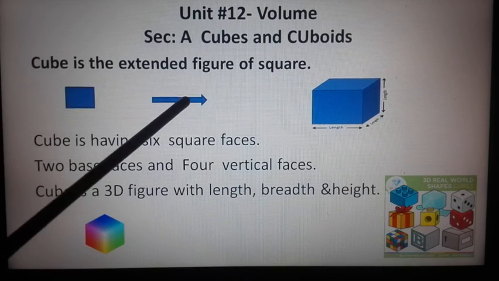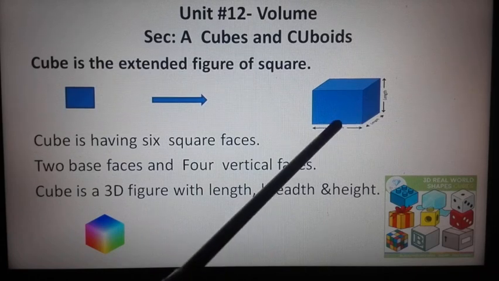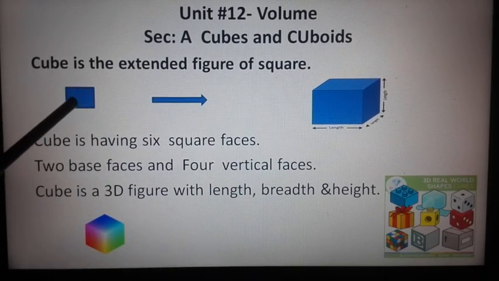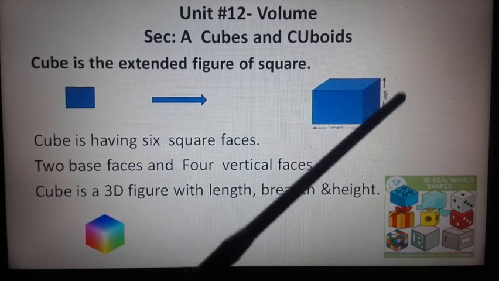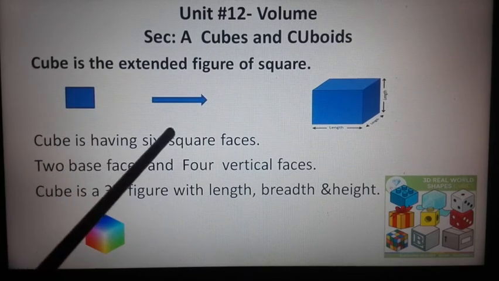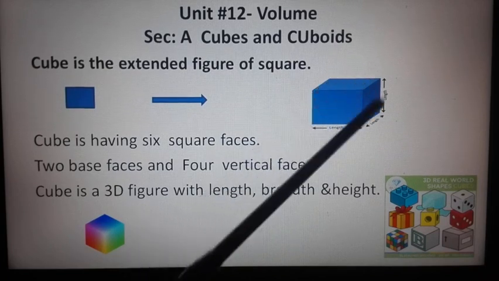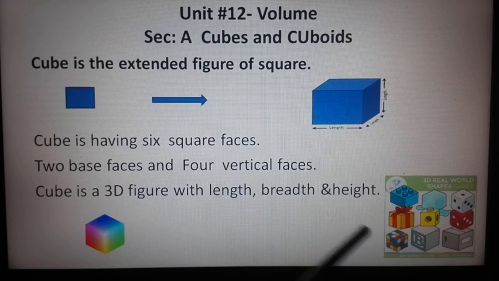When it is extended, we can change it into a cube. It is made up of square faces, so all the sides of the cube are also equal. A cube has 6 square faces, with 2 base faces and 4 vertical faces.